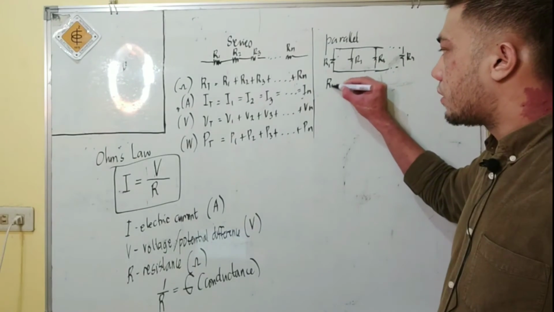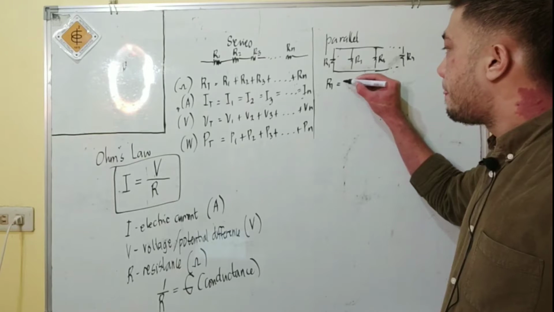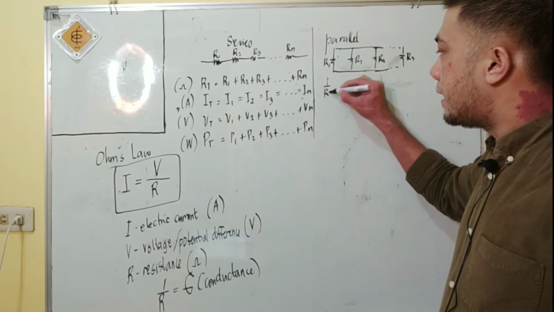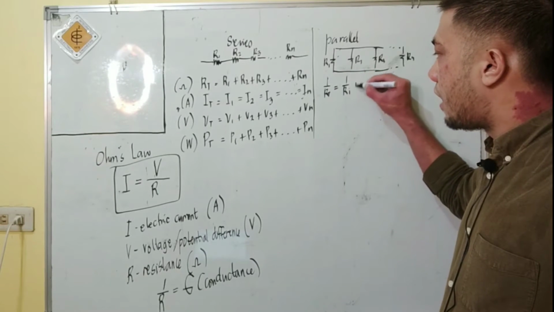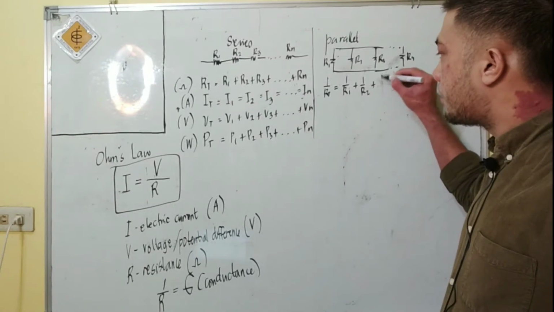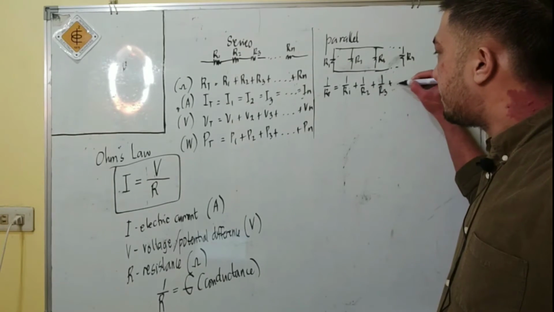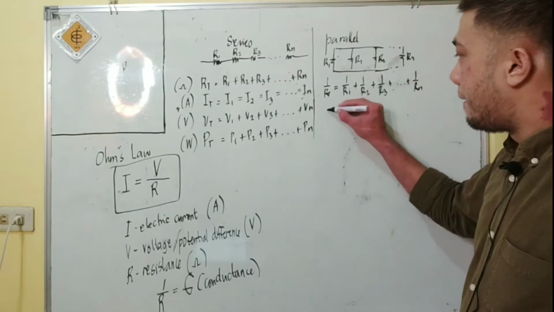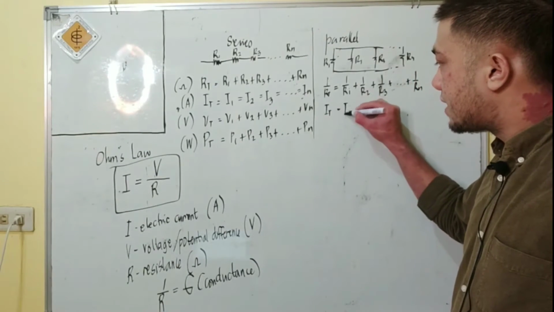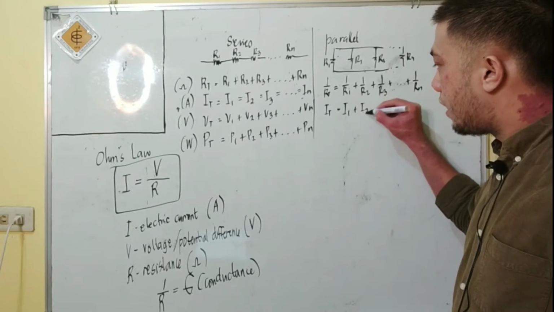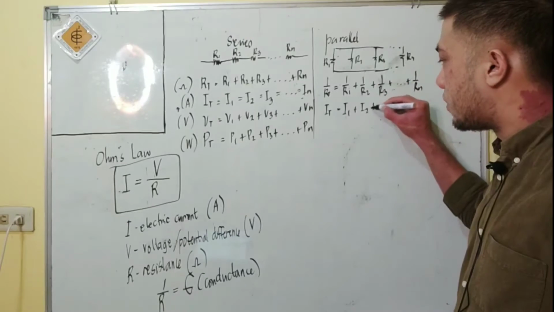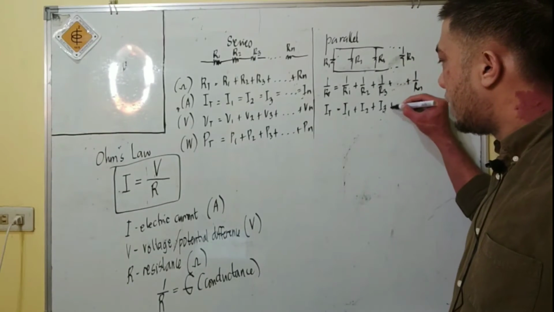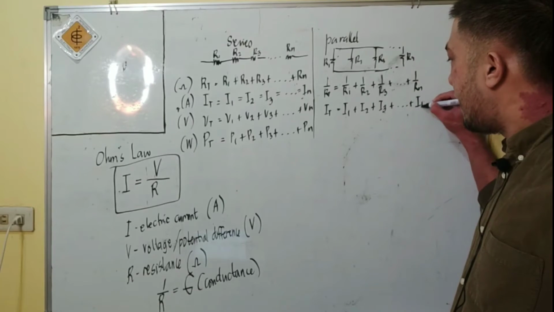For the R total, 1 over R total is equal to 1 over R1 plus 1 over R2 plus 1 over R3 plus and so on, up to Rn. And for the I total, that is just the summation of the individual currents flowing on each resistor: I1 plus I2 plus I3 plus In.